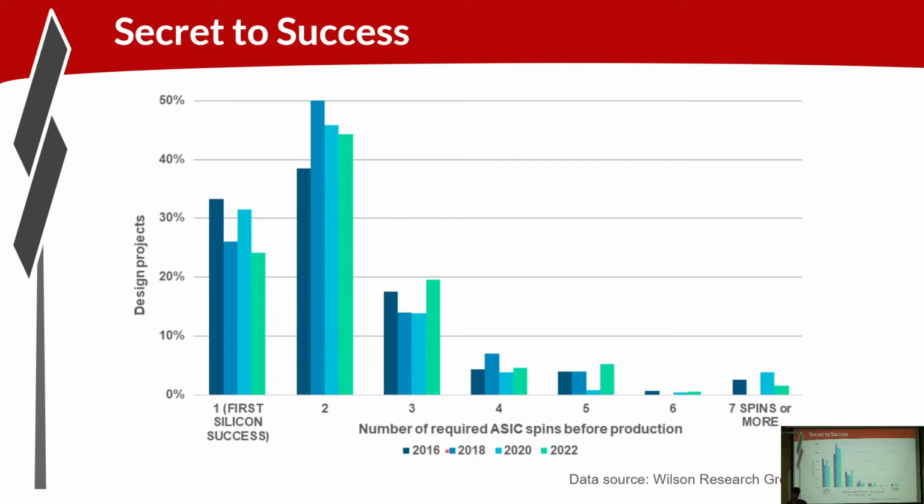There's a 2-year cadence on the data, so this is over the past 6 years or so. This shows the percentage of projects that are successful on first silicon, and a number of projects take 7 spins or more before the company goes under, I guess. These are the companies that were left around to talk about it in the Wilson report.